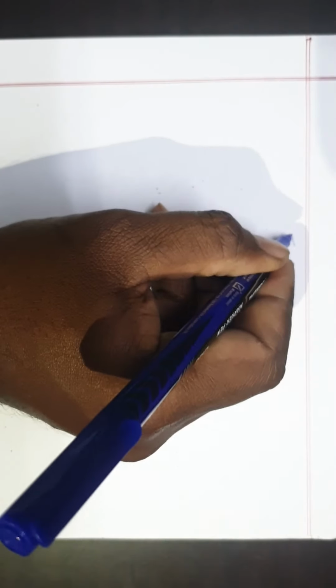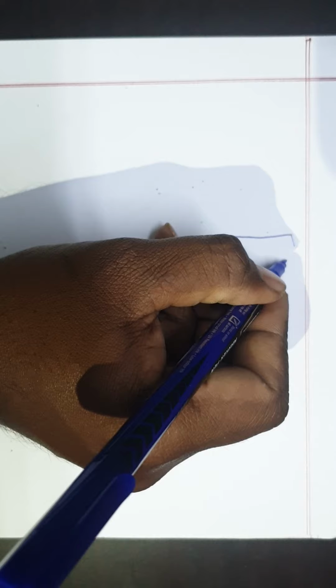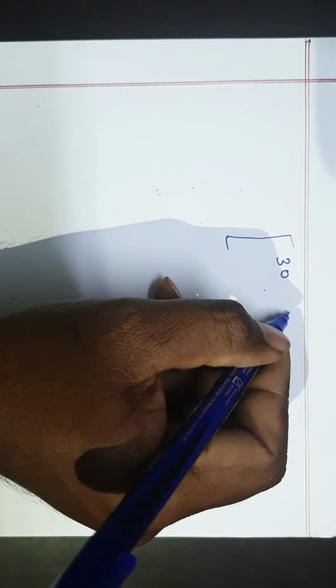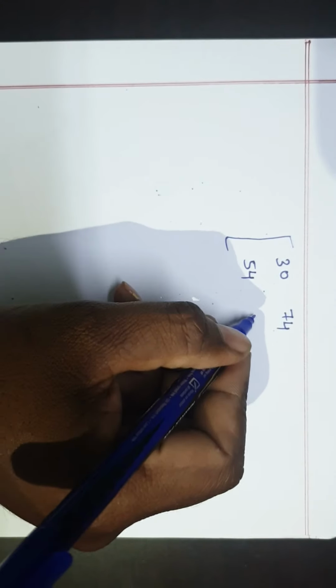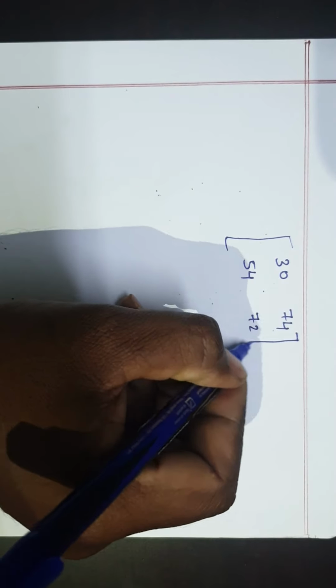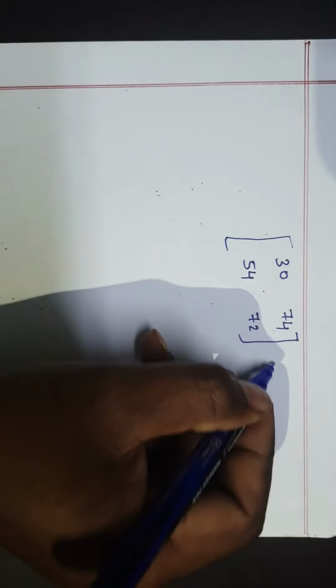After getting the 4 values, that one you have to write. So, in this 2 by 2 matrix, the first one is 30, the second one is 74, this one is 54 and this one is 72.